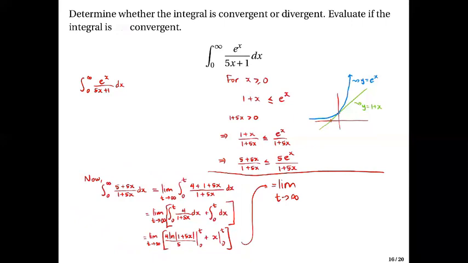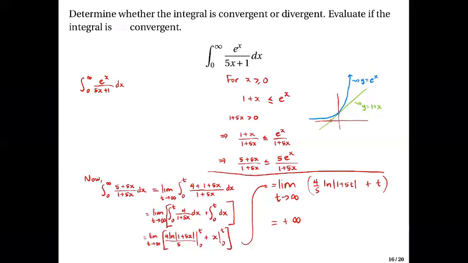The other guy, it's just 4 over 5 ln of absolute value of 1 plus 5t minus ln of 1. Ln of 1 is 0. And then plus, here x at x equals t becomes t, and then again at 0. But this guy, as t approaches infinity, this is plus infinity.